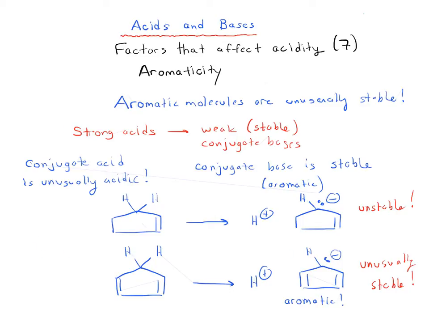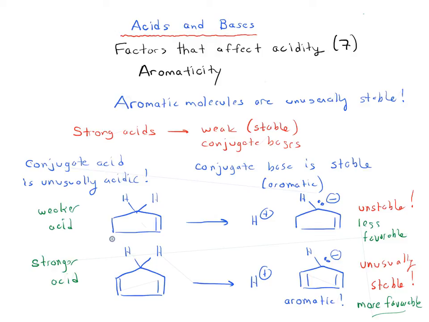Well, you'd expect that this reaction on the bottom would be more favorable. More favorable, right? Because we're going to go to a more stable product. And this would be much less favorable. Which means that this is going to be a stronger acid, and this is going to be a weaker acid.